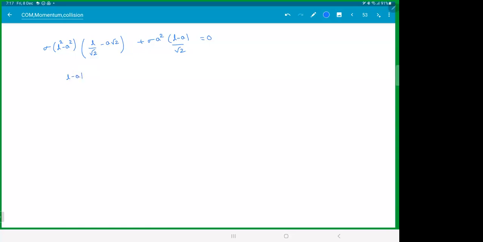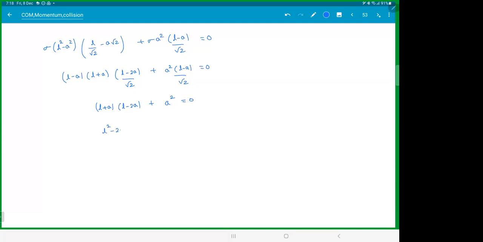This can be written as L minus A into L plus A, into L minus 2A by root 2, plus A square into L minus A by root 2. L minus A also goes off. This will become L plus A, L minus 2A, root 2 also goes off. This becomes A square is equal to 0.